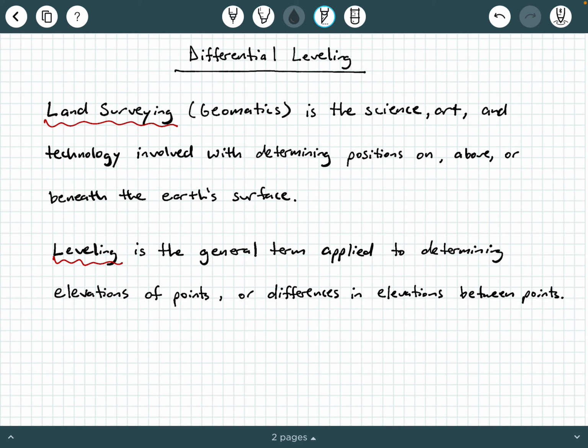Elevations are like Z coordinates measured from a level point or a level line called a datum, and we look at those differences in elevations. This is really important in the construction and civil engineering design fields.